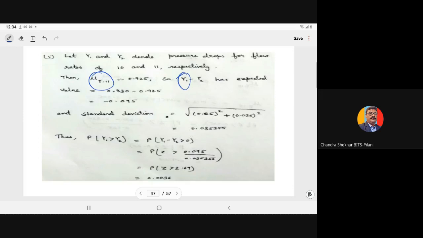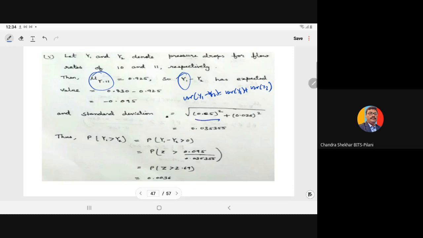And standard deviation is the positive square root of the variance. So variance for y1 minus y2 will be the variance of y1 plus variance of y2, and variance will be the square of the standard deviation, and standard deviation for y is given to you as 0.025.